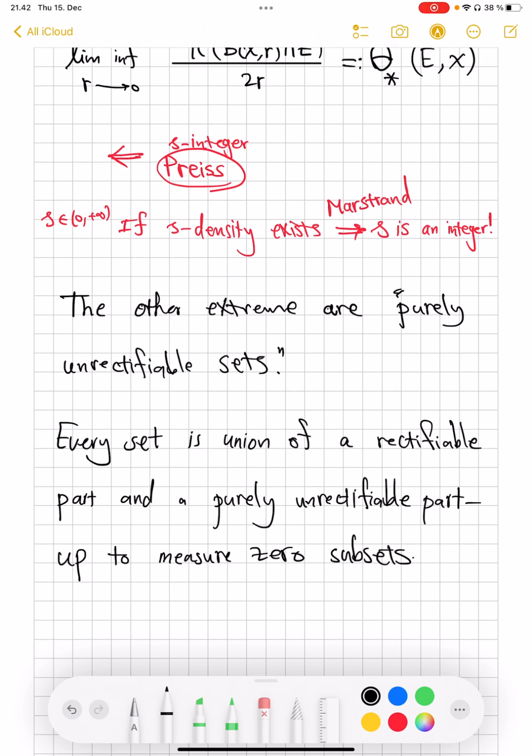If you're talking about H1 rectifiability, you're talking about one-dimensional sets. Of course, you can toss in 5 points here and there. You can either drop them or add new 5 points. And from the point of view of H1, nothing has happened. So that's why this up to measure 0 subsets is necessary. You can also just pick some points from the rectifiable part and toss them into the purely unrectifiable part.